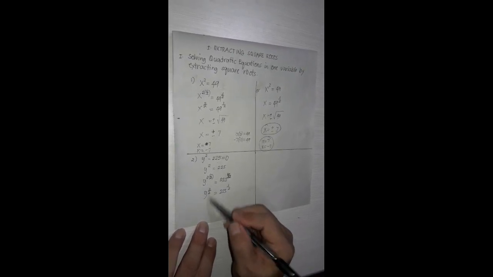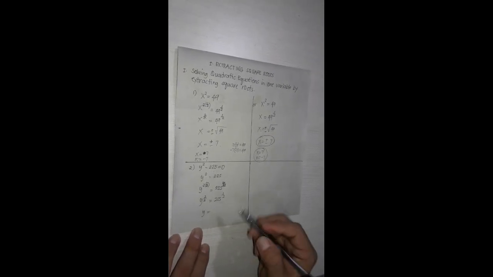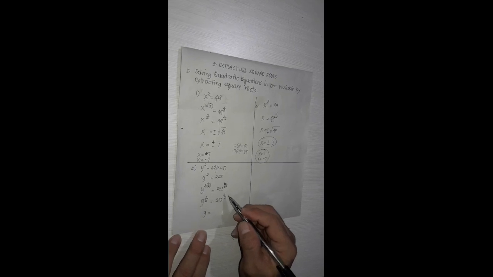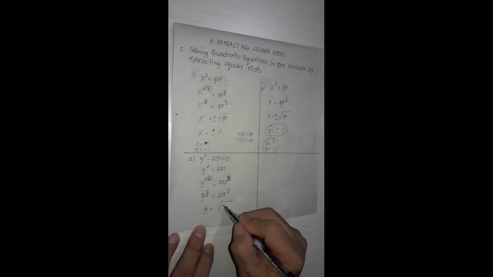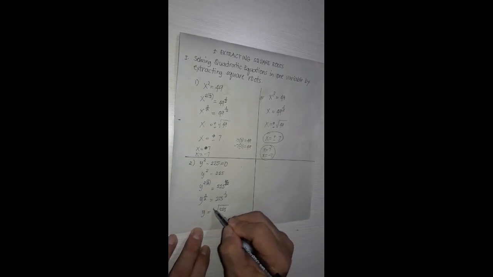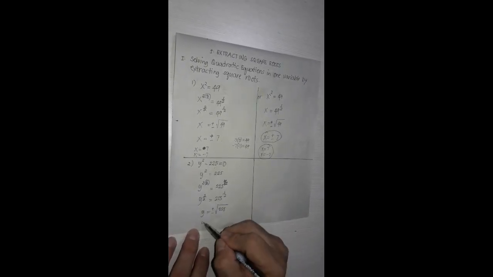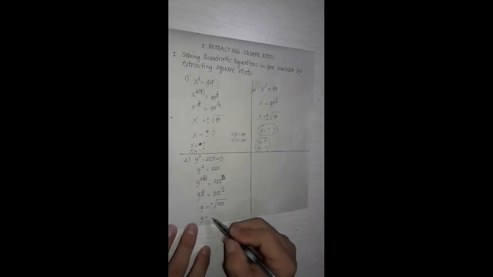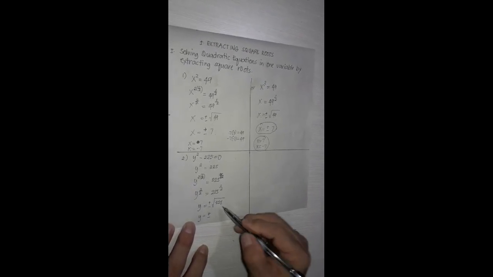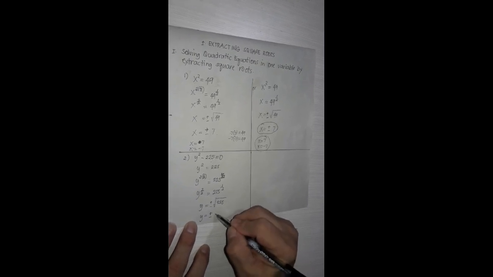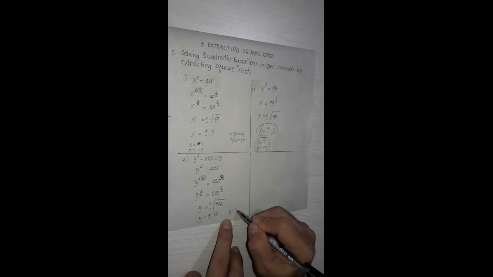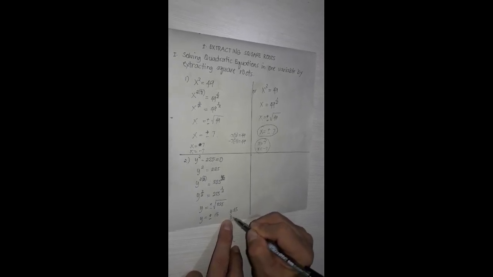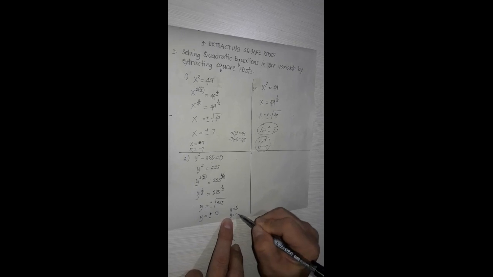Then this is cancelled out. So y, 2 divided by 2 is 1. And then, since this is a fractional exponent of 1/2, that resembles the square root. 225 positive or negative. So y now is equal to positive or negative square root of 225, which is 15. You can write y is equal to 15 and y is equal to negative 15.